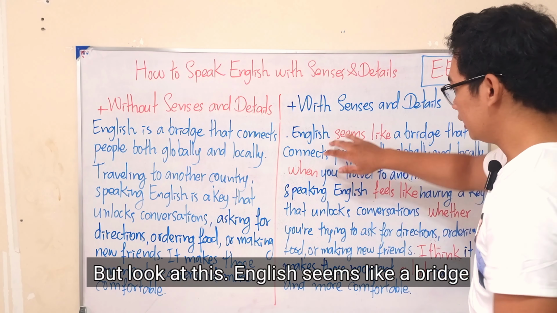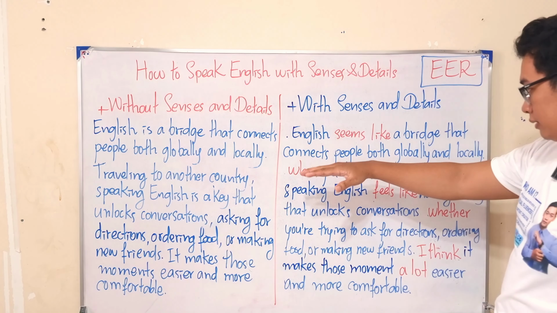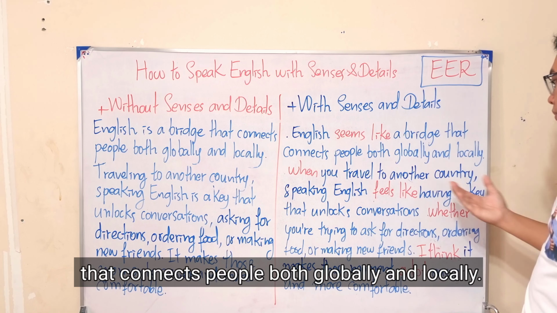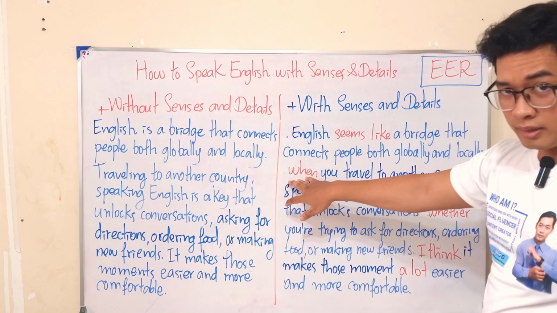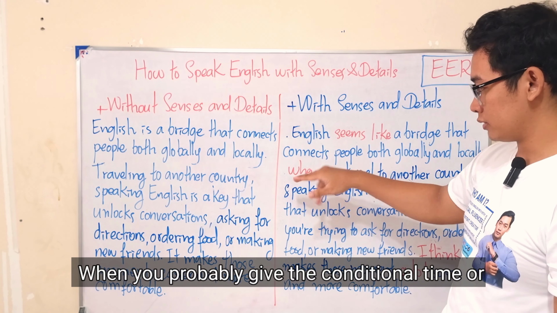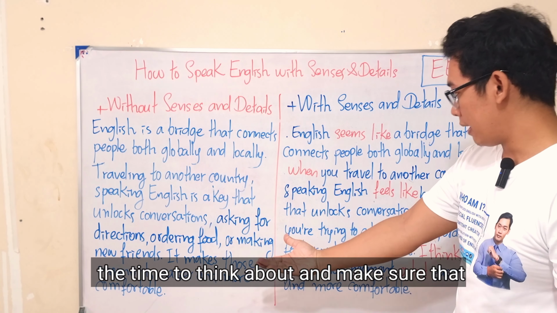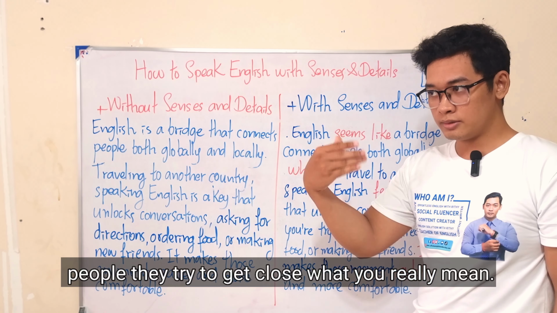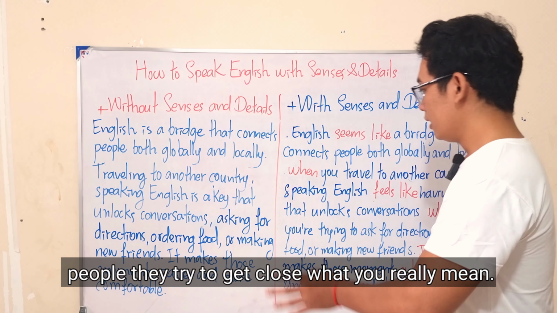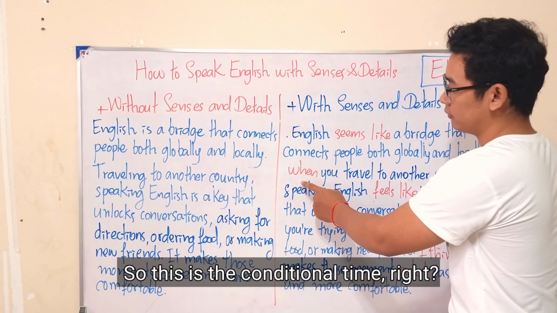But look at this. English seems like a bridge that connects people both globally and locally. You give the conditional time, or the time to think, and make sure that people try to get close to what you really mean. So this is the condition of time, right?